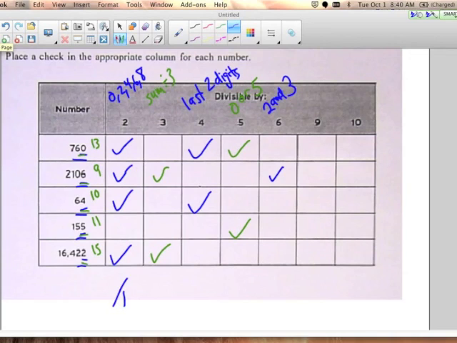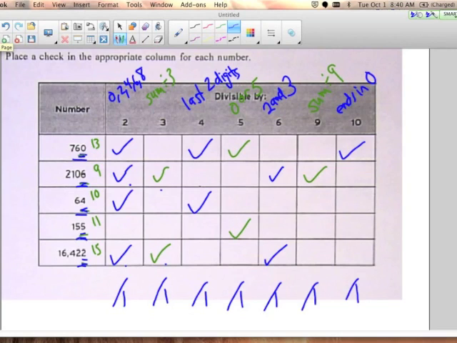So I just looked at the numbers that had check marks for 2 and 3. For 9, the sum of the digits has to be divisible by 9. So very similar to the rule for 3. And last, for 10, it has to end in a 0. And there is one there that ends in a 0. And each of those was worth 1 point.